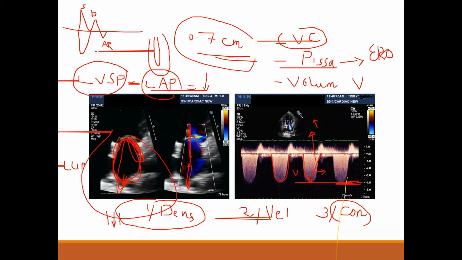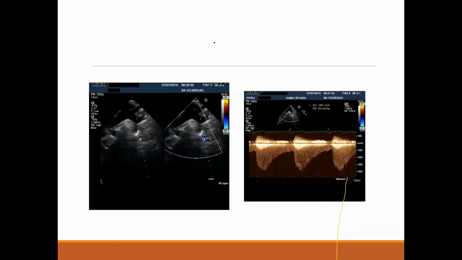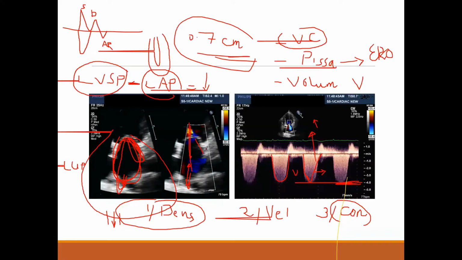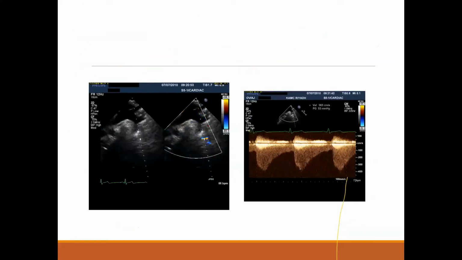Yes, yes. Very good, very good. Okay, now next, what are we seeing here? On the left side, there is a suprasternal view. What is this showing?